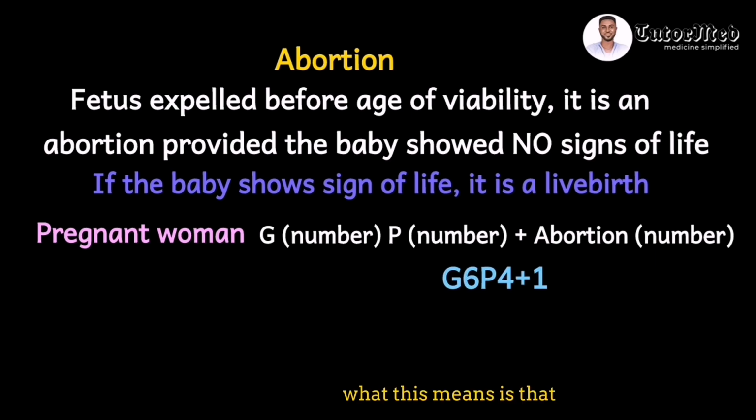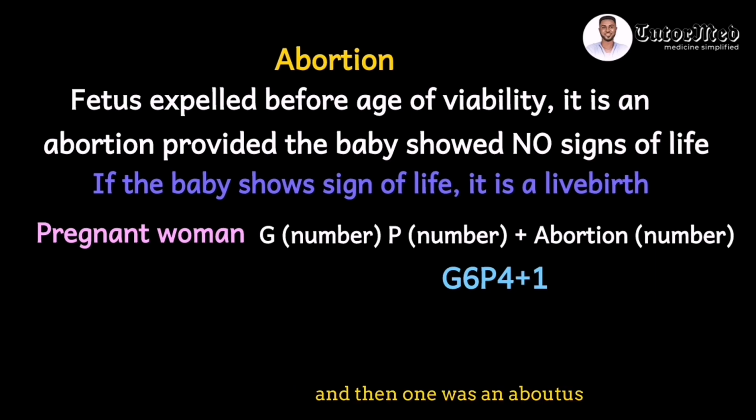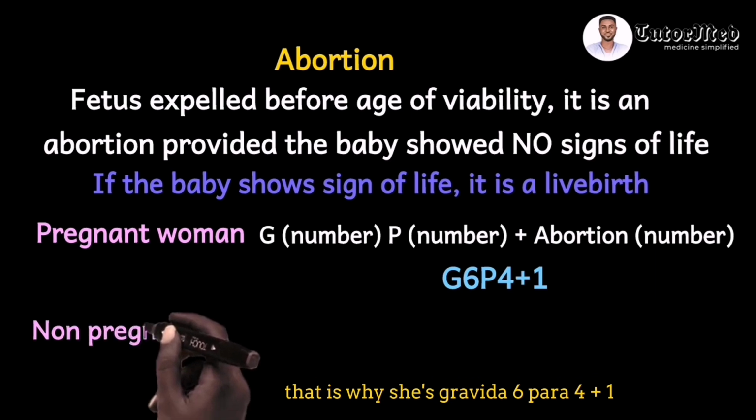What this means is that this woman has been pregnant 6 times and is currently pregnant. Out of the 6 pregnancies, she has carried 4 to the gestational age of viability, and 1 was an abortus. So she is currently pregnant. That is why she is gravida 6, para 4, plus 1.